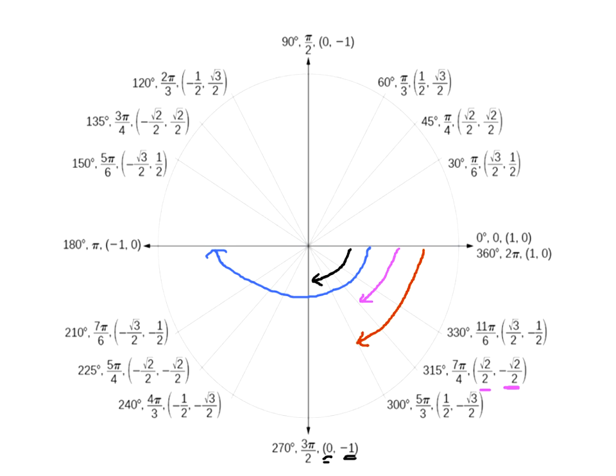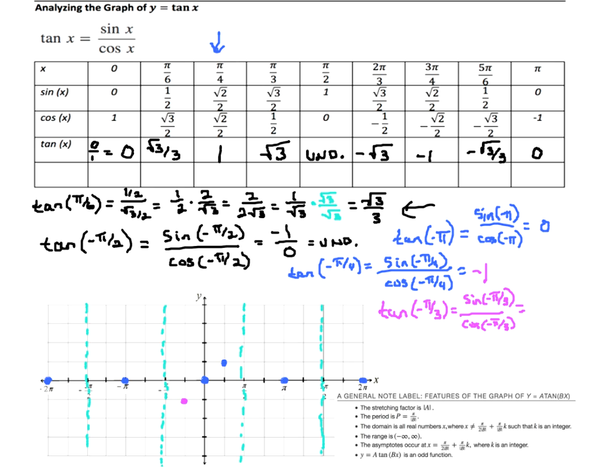Well, if I look at my column for pi over 3, I have the same division happening here, except the only difference is when I'm at negative pi over 3, that square root of 3 over 2 is negative. So I'm going to get negative square root 3 there.